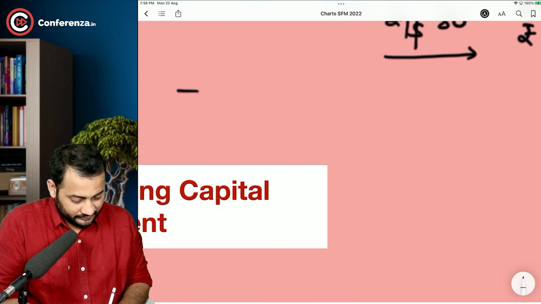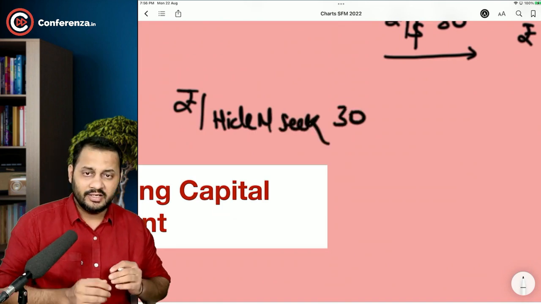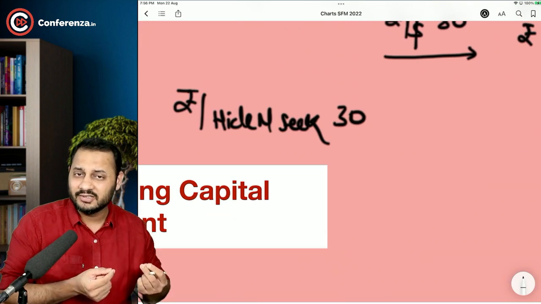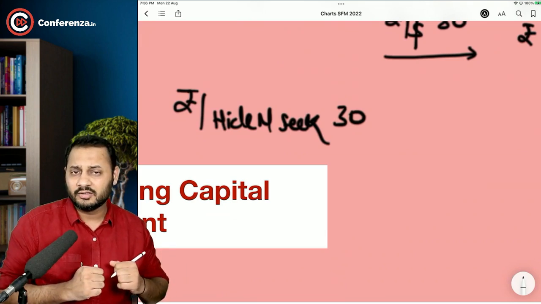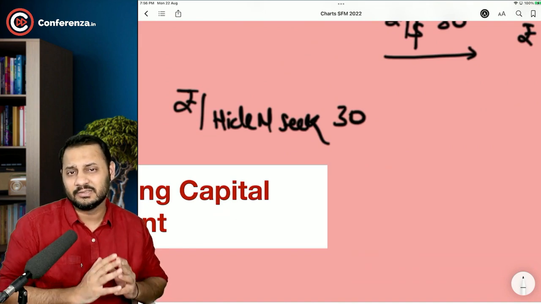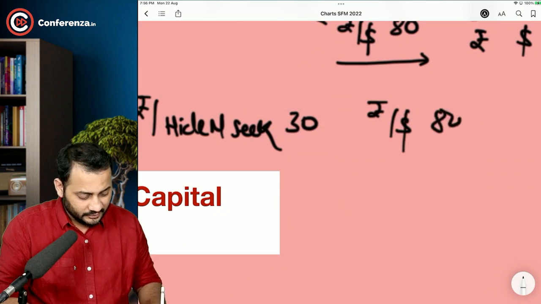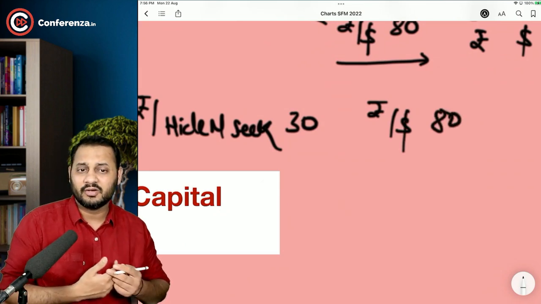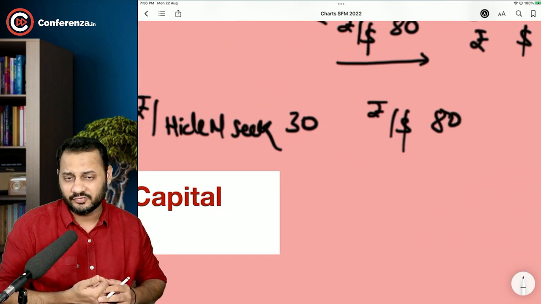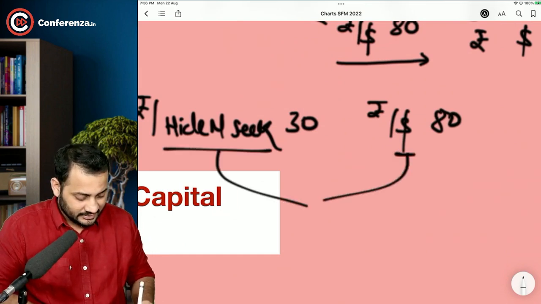Rupees per Hide and Seek is very easy to understand. If I ask you what the product is, you will be comfortable answering that Hide and Seek is the product. But if I say rupees per dollar, then sometimes it will be difficult to explain what exactly the product is and the price of it. But please understand, consider them the same.